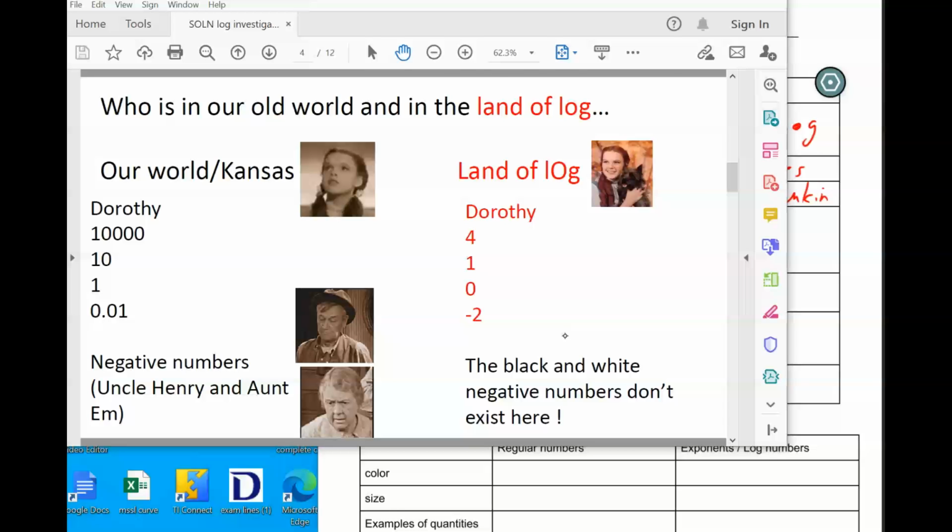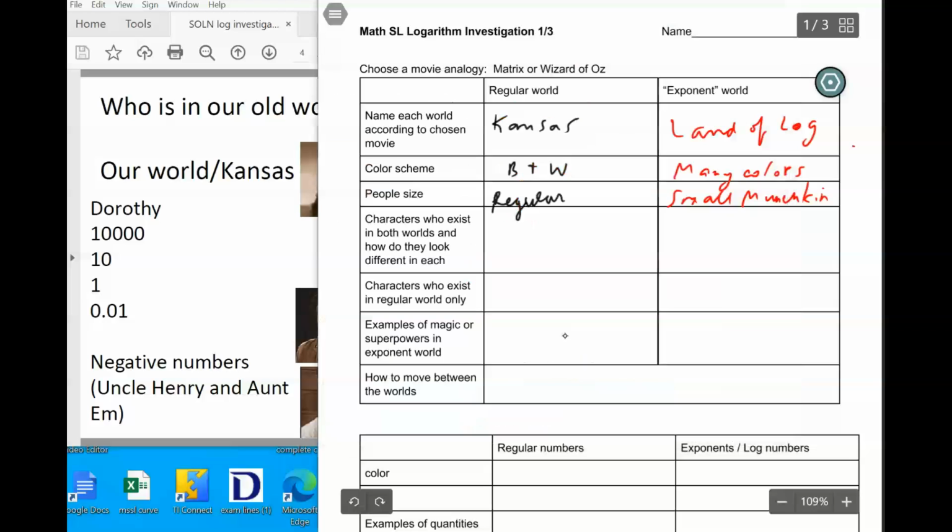Okay, so let's see if there's anything to write in our notes here. Characters who exist in both worlds, and how do they look different in each? Dorothy exists in both worlds. So there's black and white Dorothy, and then there is color Dorothy.